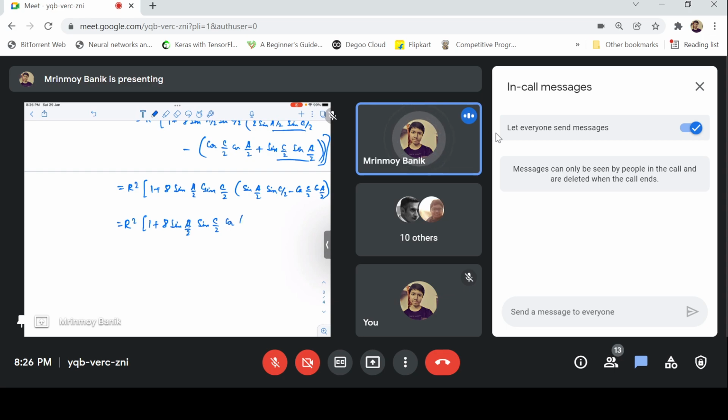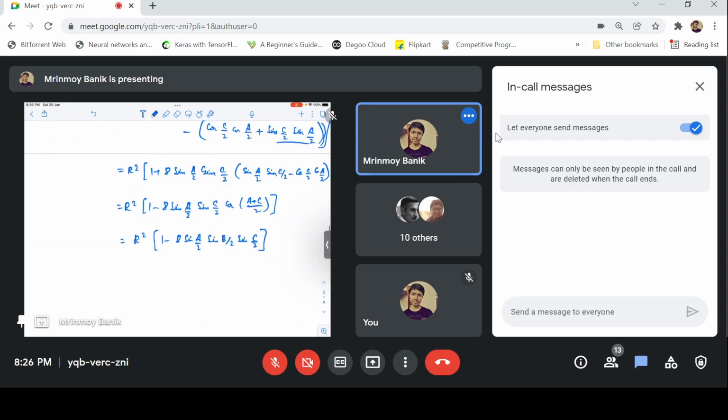So this is again cos of (A plus C) by 2 minus of that. So what is (A plus C) by 2? It's 90 minus B by 2. So sine A by 2, B by 2 and C by 2. So that's our OI squared, which gives OI.